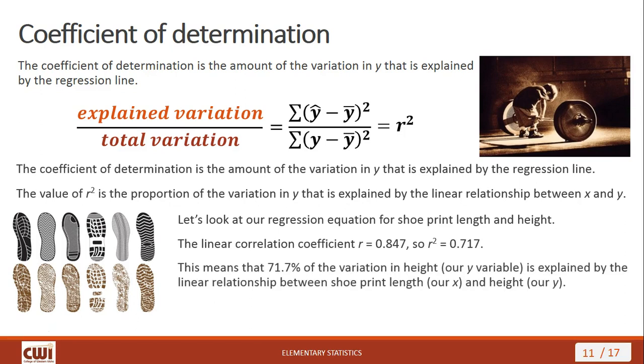This means 71.7% of the variation in height, which is our y variable, is explained by the linear relationship between shoe print length and height, our x and y variables. The remaining 28.3% of the variation is unexplained. We can't account for that. We don't know why there's such a difference between the predicted value and the observed value.